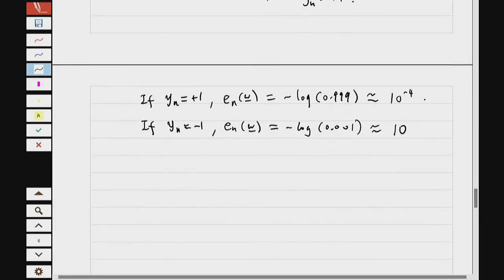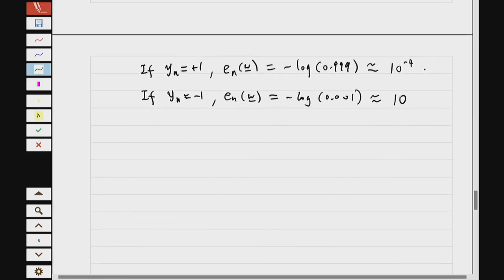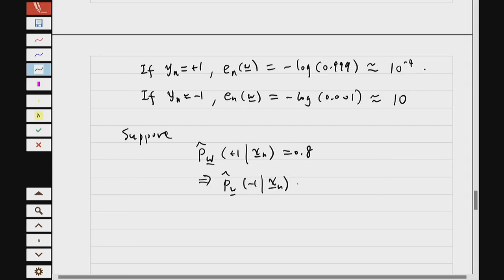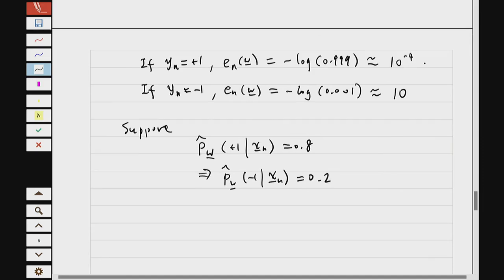And of course, you can say, what if I have an intermediate case? Let's further suppose another case. Suppose now you're not so sure. You have +1 at 0.8, and -1 at 0.2.